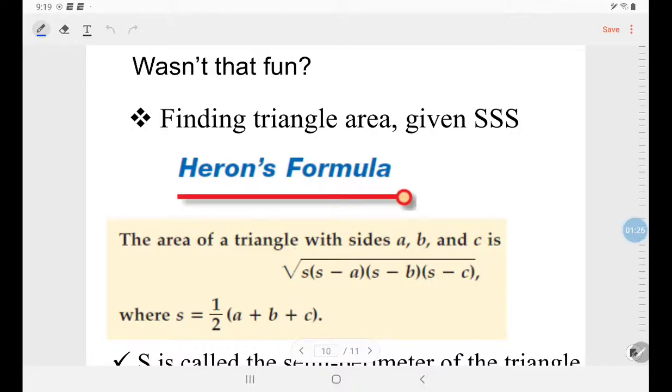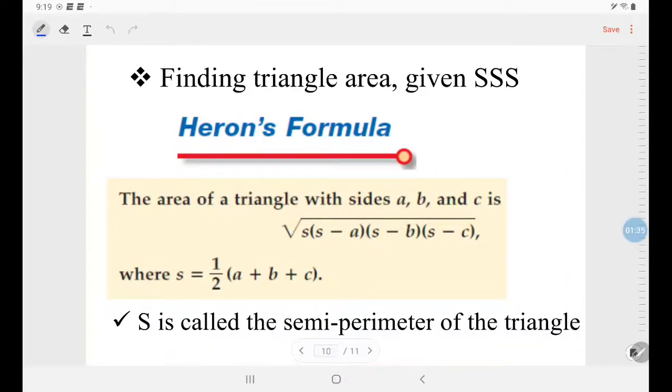Heron's formula basically says this: when I have a triangle where I'm given side, side, side, or all three sides, quite simply what I do is find something called the semi-perimeter of the triangle. Semi-perimeter? Well, half of the perimeter. I find that by taking 1/2 of the perimeter, all the sides added up, little a plus little b plus little c.